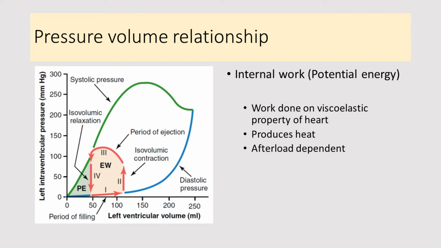Internal work is also known as potential energy. This is the work done on the viscoelastic property of the heart. This work is not converted into external work, but is useful to generate heat, and the heat generated during isovolumic contraction is dissipated during isovolumic relaxation.